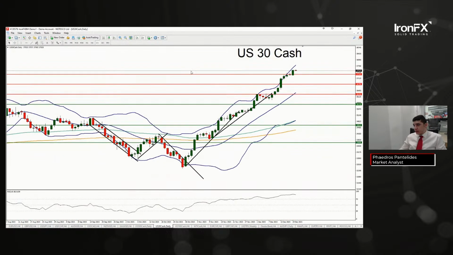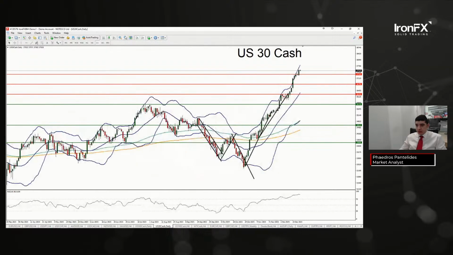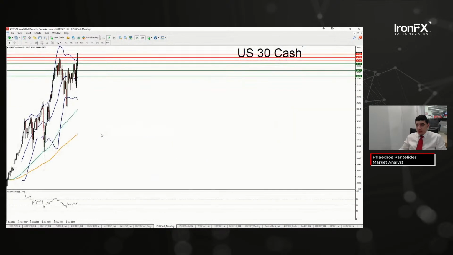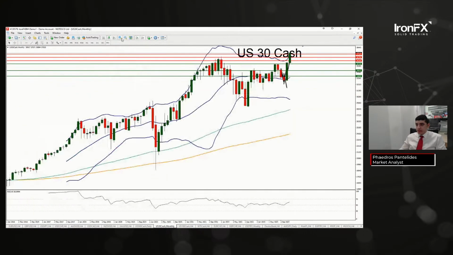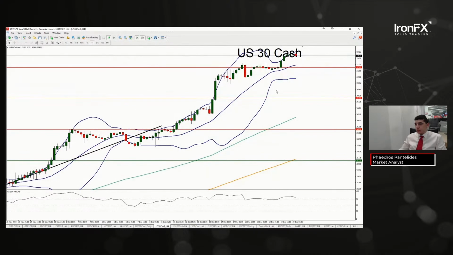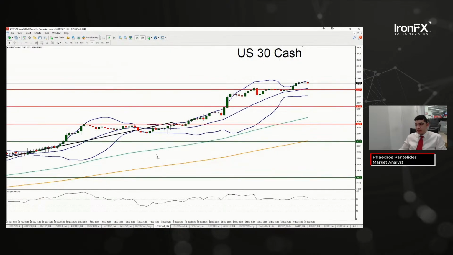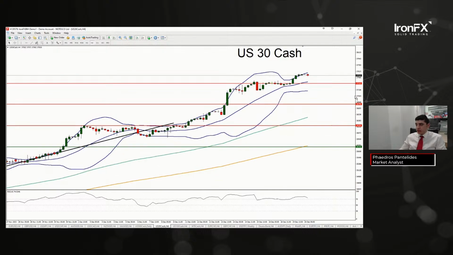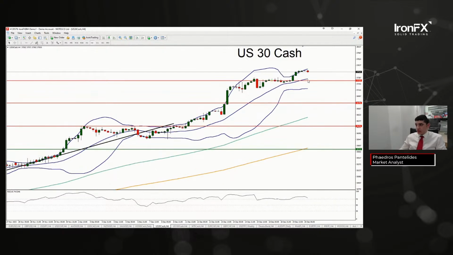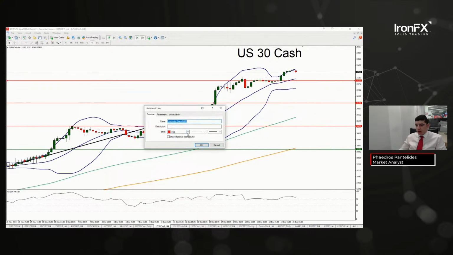Dow Jones 30. Move on to the monthly chart. So we had done the same for the Dow Jones 30 as well, where we extrapolated the distance. And as you can see, it appears to have been roughly accurate, I'd say. So R3, 37,320. So this could be our newest one.